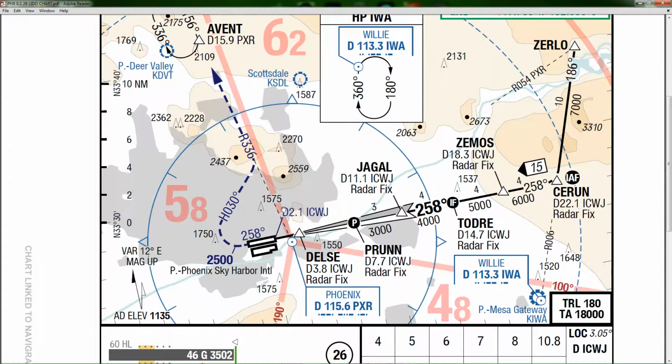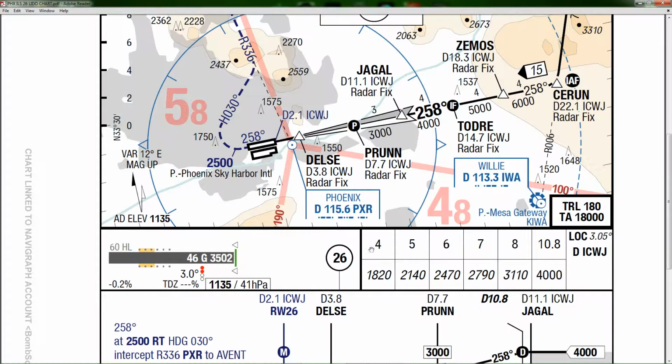Distance 2.1, ICWJ is at this end of the runway. The runway's 2.1 miles long, right? So when we are 4 miles from ICWJ here, that's not 4 miles from this threshold. It's 4 miles from the opposite end of the runway.